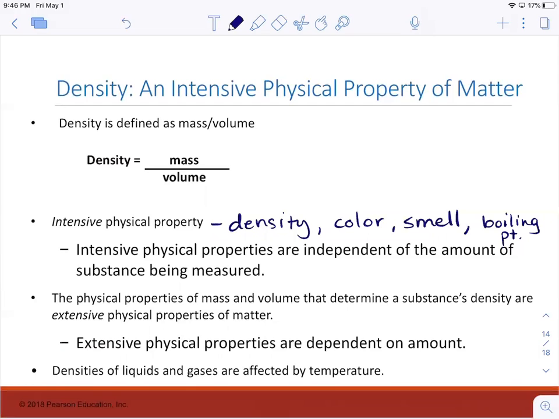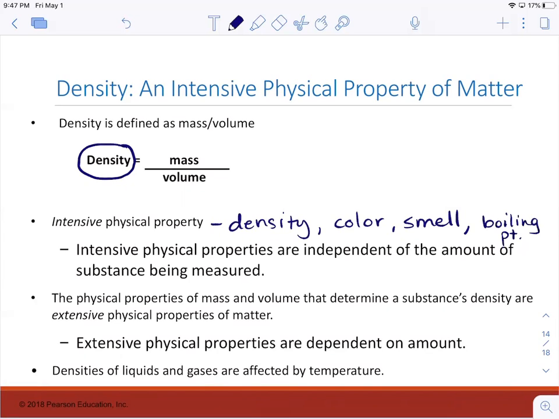Now, mass is an extensive property, right? 1 gram is different than 10 grams. Volume is an extensive property. It's dependent on the amount. It could be 1 liter, it could be 10 liters. But notice when we actually take the ratio of mass to volume, the density of a substance is intensive. It's a derived unit, density, and so therefore we can actually see how the physical properties change for samples depending on what is defining them.